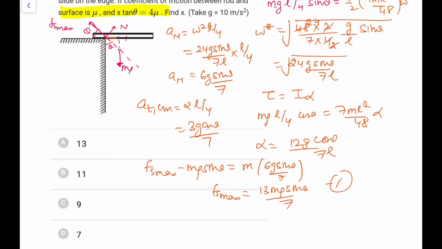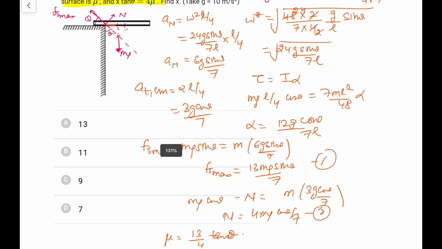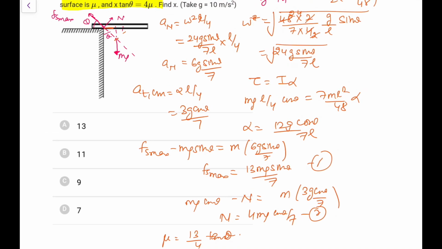Along the tangential direction, you have the mg component mg cos theta, minus N is m a tangential of CM, which is 3g cos theta by 7. So this normal comes out as 4 mg cos theta by 7. This is the second equation here. So Fs max is mu s times N. So mu s, dividing both, comes out as 13 upon 4 tan theta. So as per the data, 4 mu is x tan theta, so x will be 13.